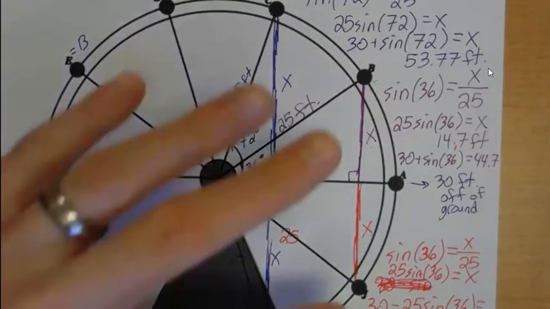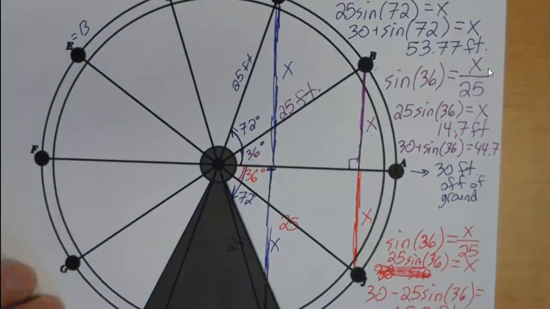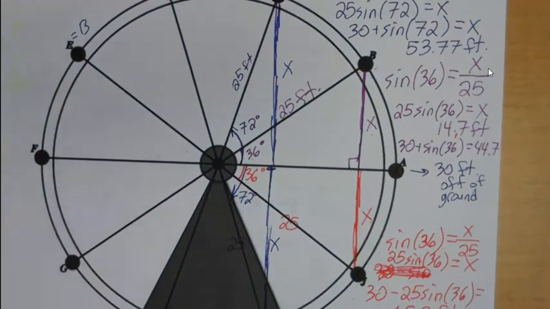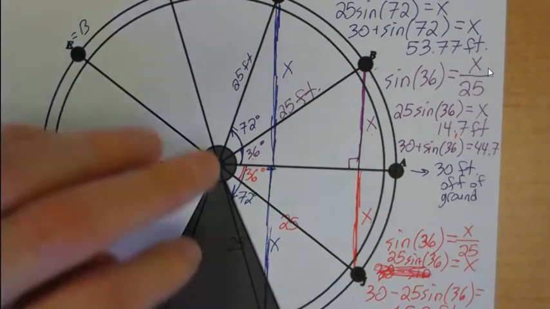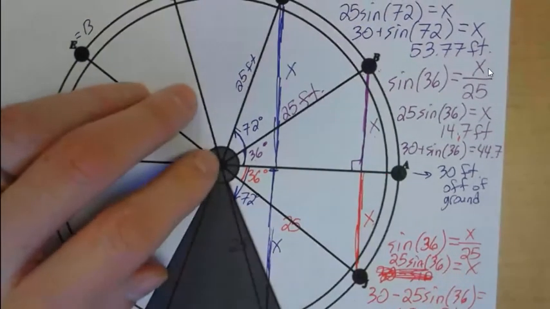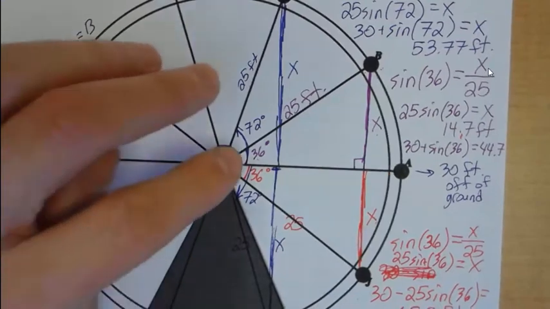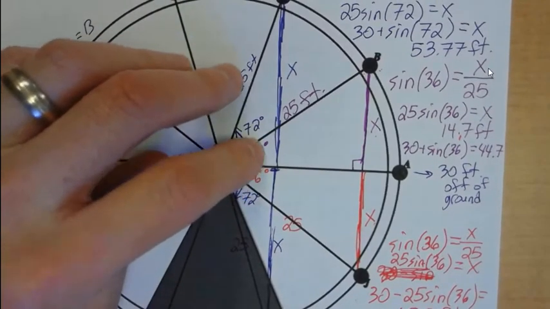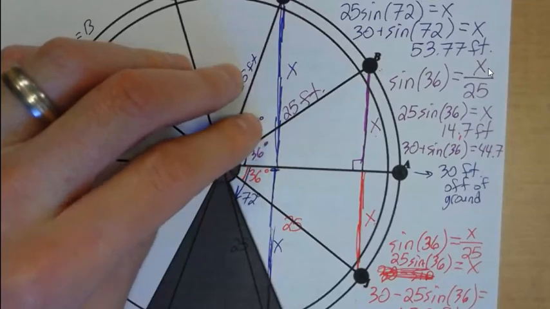And to find all these four points on the right side, for when you're beneath the middle of it, you would be 30 minus 25 sine of that angle that you're making with the center of the wheel. Or you would have 30 plus 25 sine if you're above it.